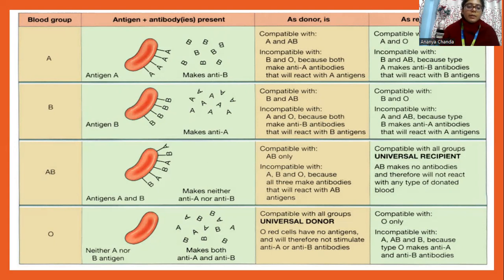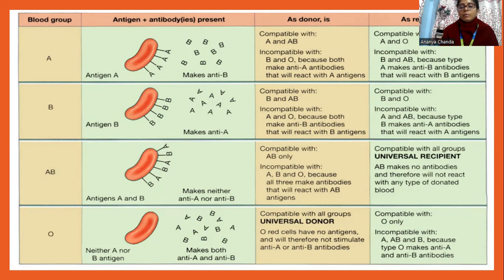Then comes the AB blood group. AB blood group carries both types of antigen, antigen A and antigen B, on the surface of the RBC, but they do not produce antibody A or antibody B. So to whom can it give blood?